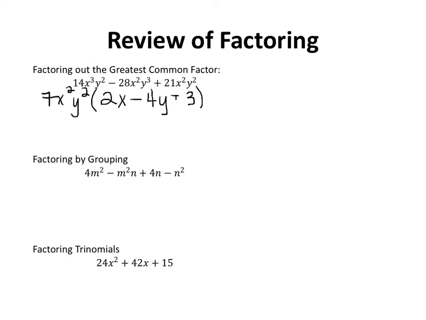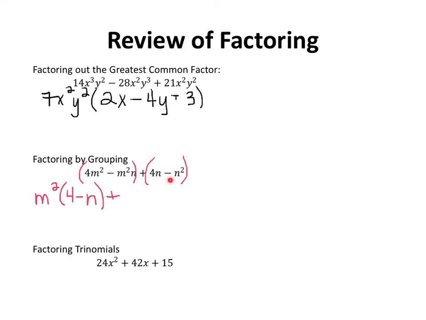The next method is to factor by grouping, meaning we put things together that have common factors. So if you look at this, these have m squareds, and these have n's. So that would be one way to group this. When we do that, we see that we can pull m squared out of both of these, and we're left with 4 minus n.